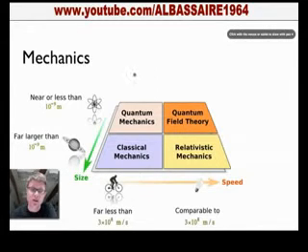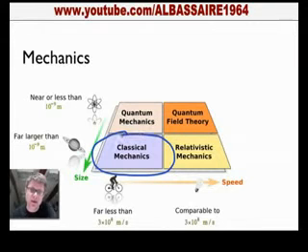Mechanics, and all we understood about mechanics, dealt with just this box down here. And so if we look at the size of objects, and so right here I'm going from size of objects down at the level of an atom, so this would be an atom down here, up to the size of a planet up here. So if we go from the very small to the very big, classical mechanics or Newtonian physics only works if you're dealing with big objects, like objects the size of me, or the objects the size of a catapult.